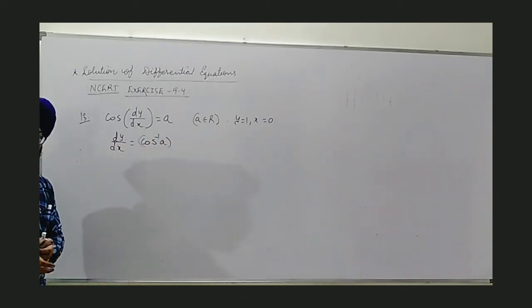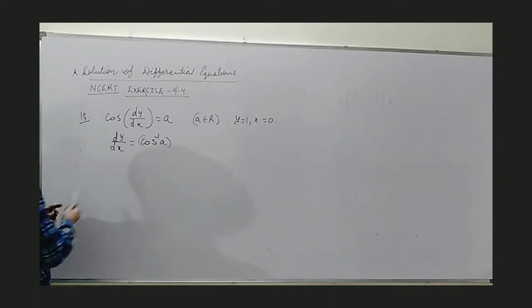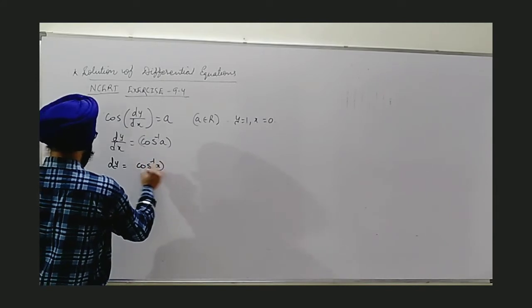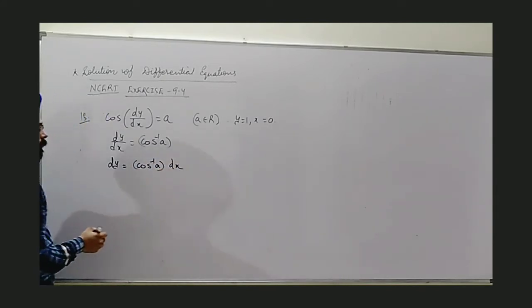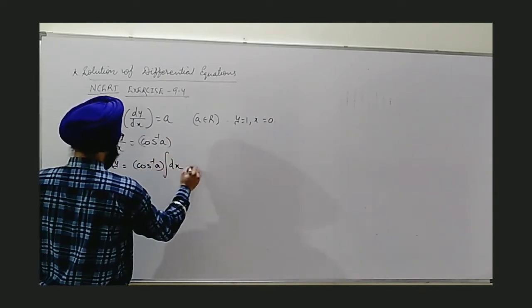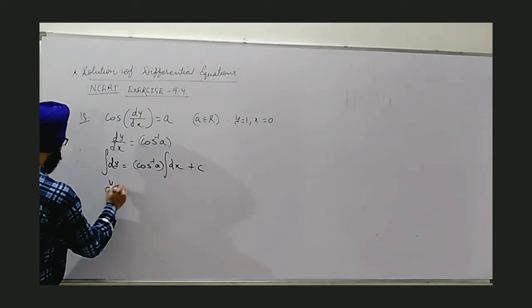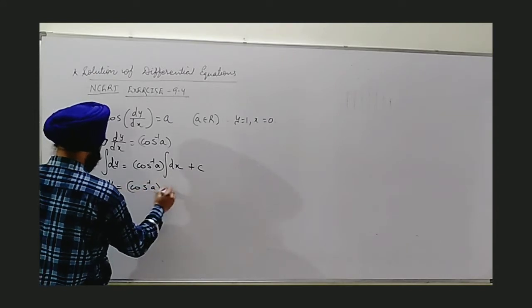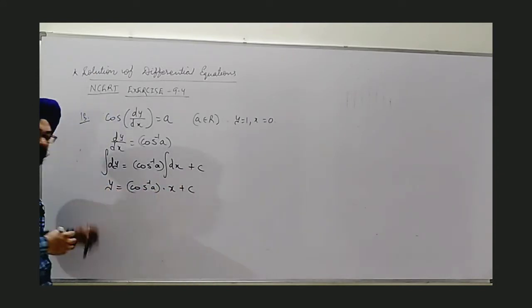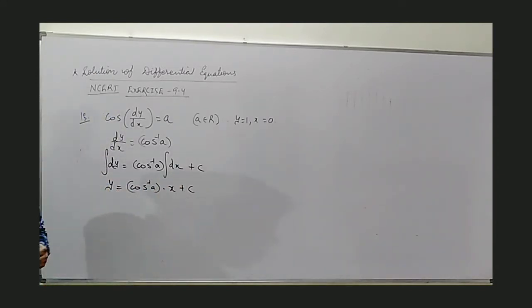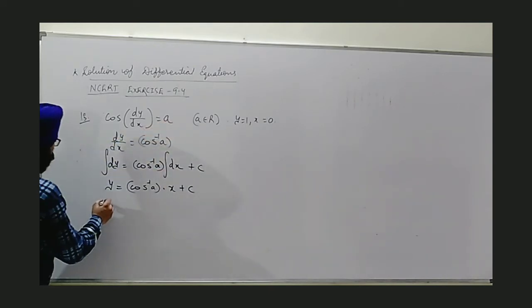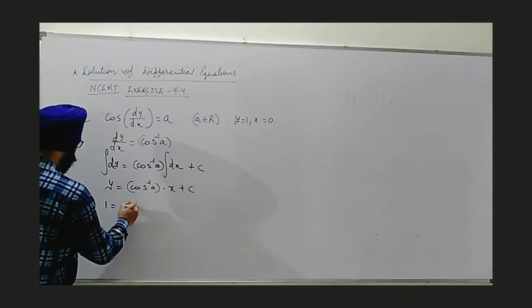No other function of x and y is available, so we can write this as dy equal to cos inverse a dx, and if I integrate, this becomes y equal to cos inverse a x plus c. We can find the general solution, but it is particular we need to find, taking y as 1, x as 0.